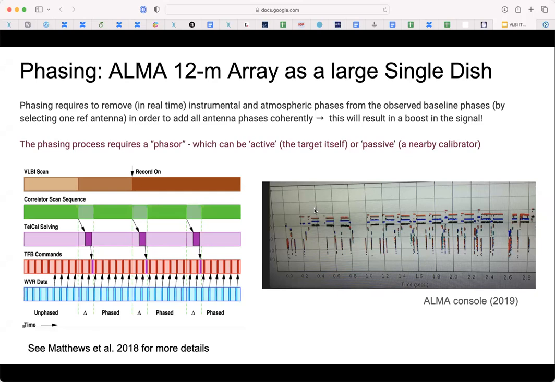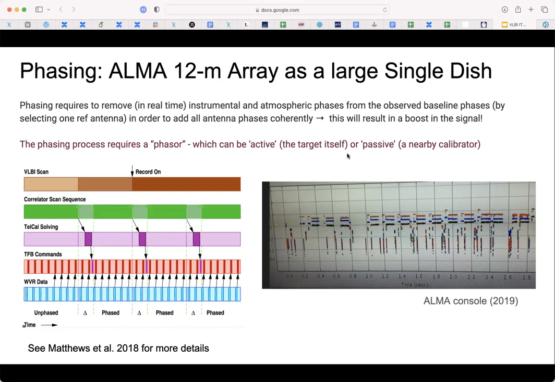If the target is not strong enough, say you want to observe a really faint target that doesn't have strong continuum, then you need a passive phasor. That means a second target which will be used to phase your antennas, and then you go back and observe. It's a bit like phase referencing. So active phasor is the target itself, and passive is your phase calibrator, a nearby calibrator.